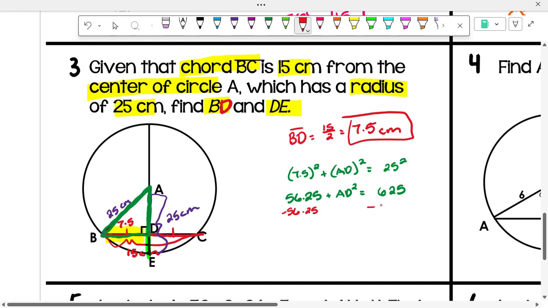All right, so then I subtract the 56.25. So can someone do that in their calculator for me? 568.75. Then you square root both sides. What do you get?